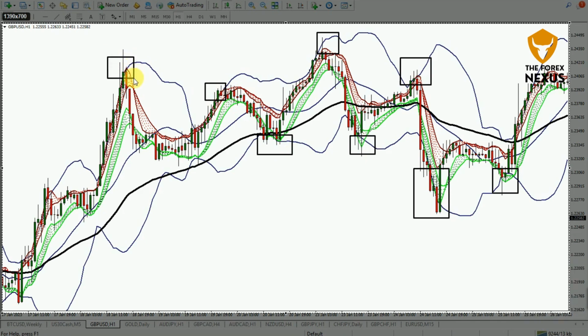This one is also an extreme point, and this is also an extreme point. Now let me write down. This one is magic extreme buy, magic extreme buy.